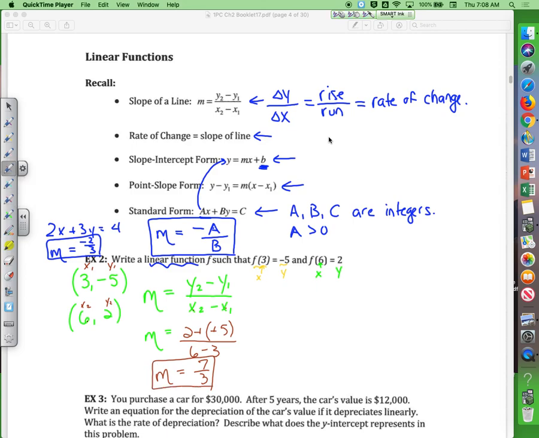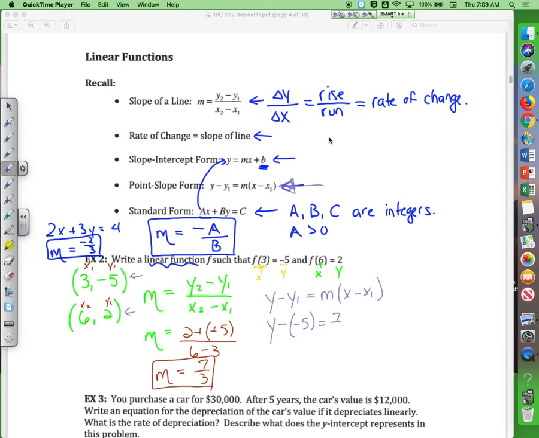Now if you go back up and you use your point-slope form to find the equation of the line, y minus your y coordinate equals the slope times x minus the x coordinate. I can pick one of these 2 points, whichever one I like, and I can plug that in for x1 and y1. I guess I'll use the first point just because that one's labeled x1 and y1. So I would say y minus the y coordinate, which is -5.